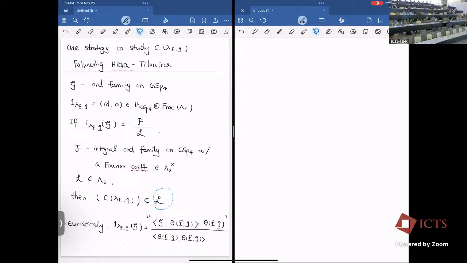Maybe I will ask some questions. All these Petersson inner products, Ichino's inner product formula, theta lifts, are they being done over the complex field, or are they being done for some mod p situation?